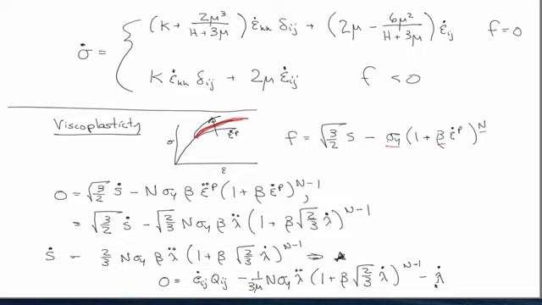Okay, so earlier I could just explicitly solve for lambda dot and eliminate it, right? But now I have a differential equation in lambda. So in order to solve this, I have to solve this differential equation first for lambda, or lambda dot.